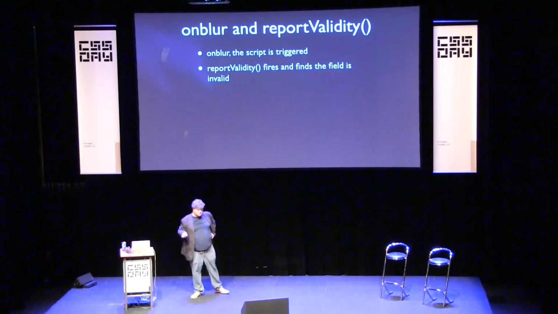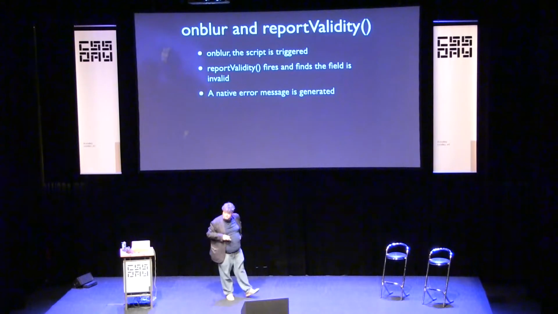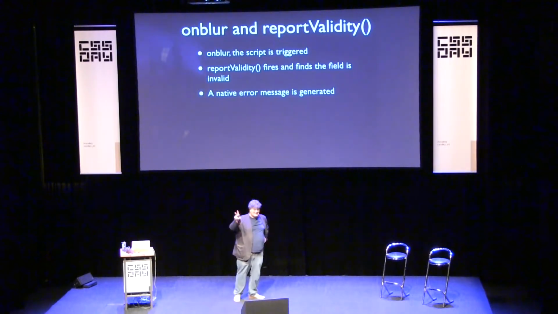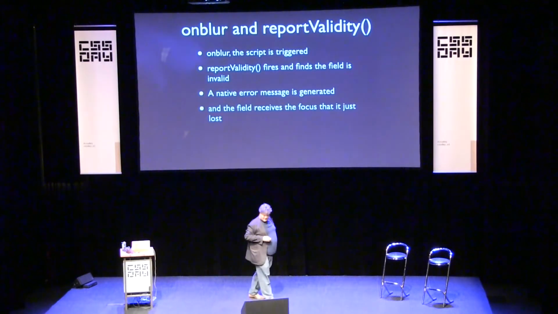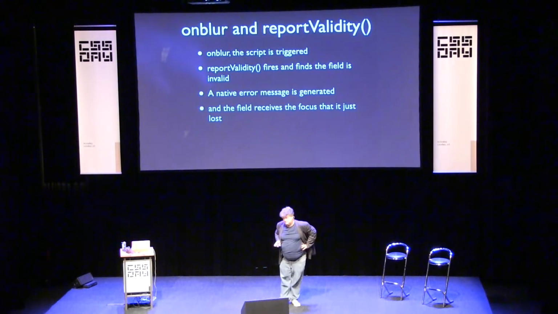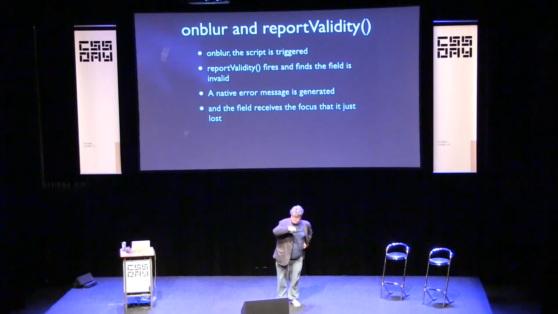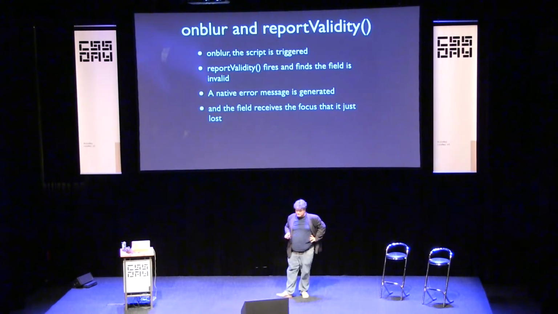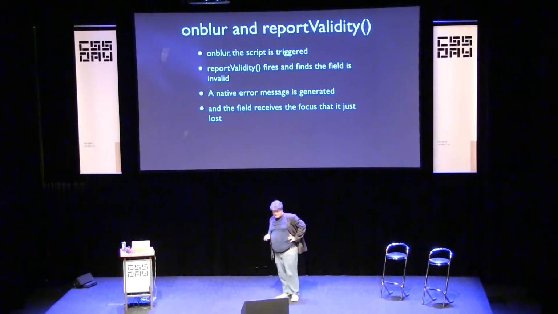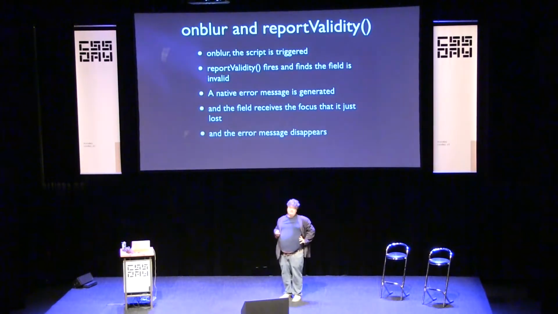So the browser shows the native error message, which is exactly what we want. Then the field receives the focus that it has just lost, because the user has to type in the improved field value. And then the error message disappears, because the error message disappears when you focus on the field.